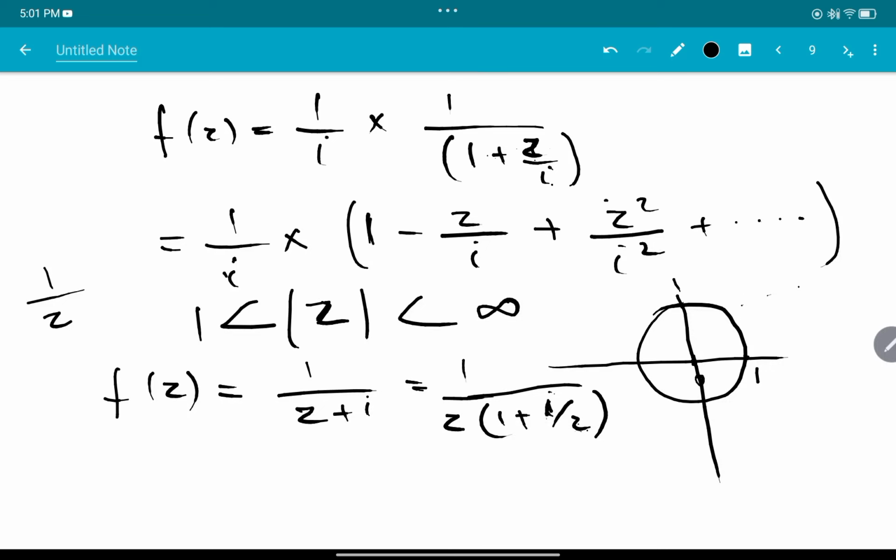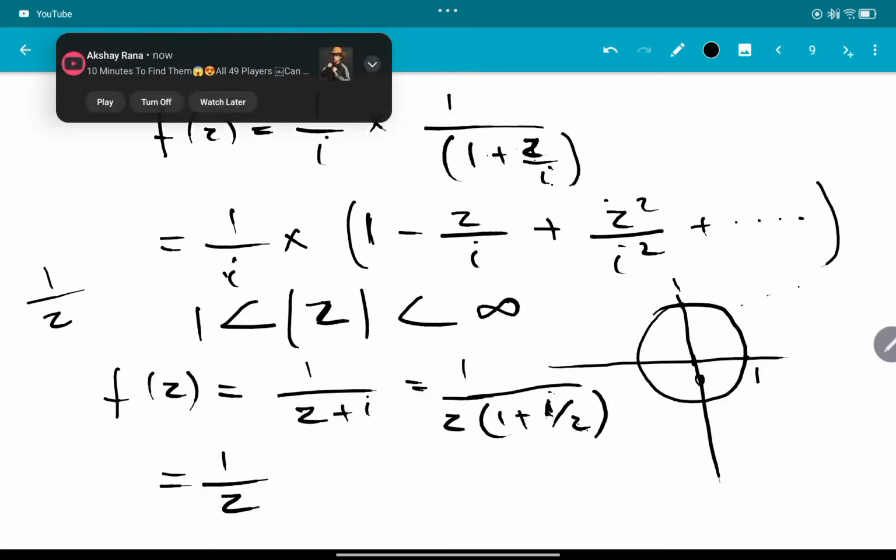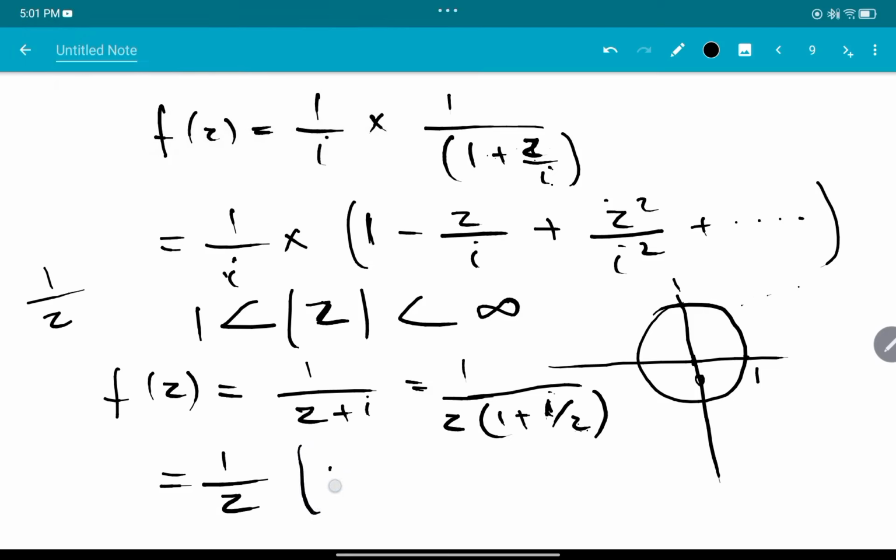Now if I use this condition and the geometric series, I get 1 by z into 1 minus i by z, that is equal to 1 minus i by z, then plus the square of that, i squared by z squared, then minus i cubed by z cubed, plus and so on, something like this.